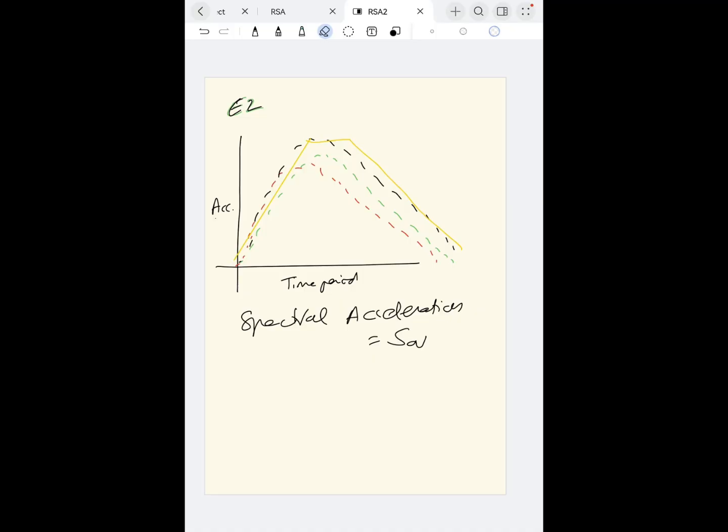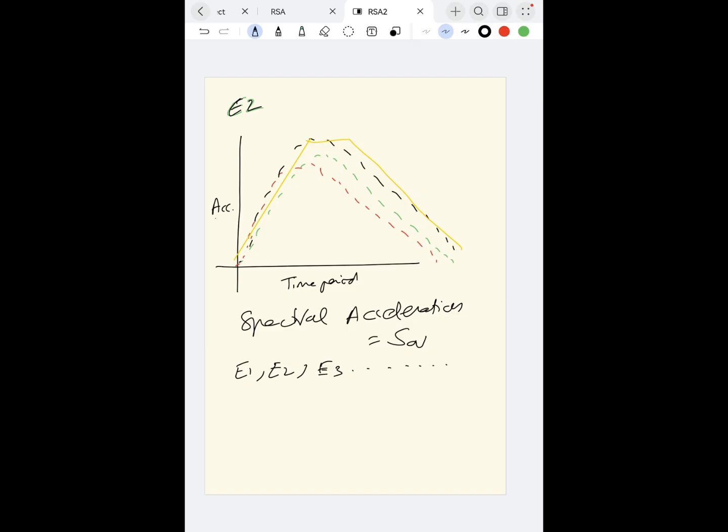Well, do we need to always analyze earthquakes E1, E2, E3 for a specific building whenever we want to get a response spectrum, like what we have done previously? So this is a cumbersome process.